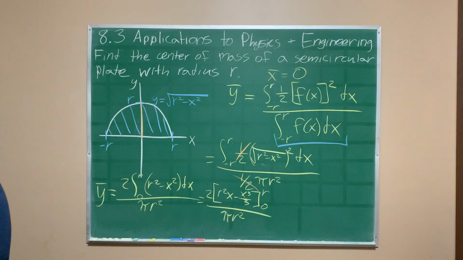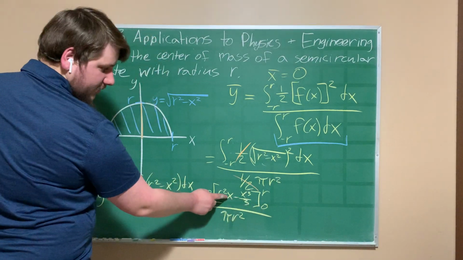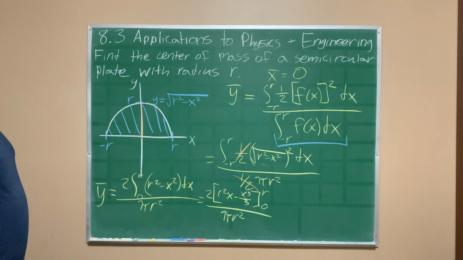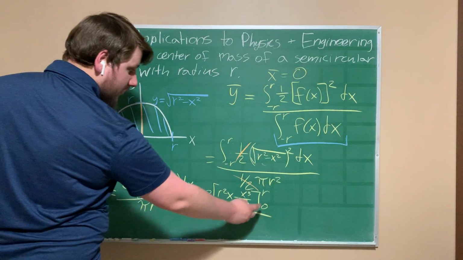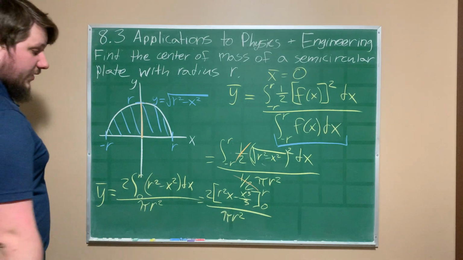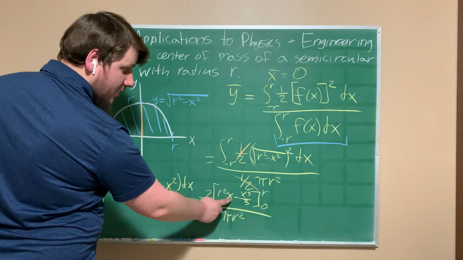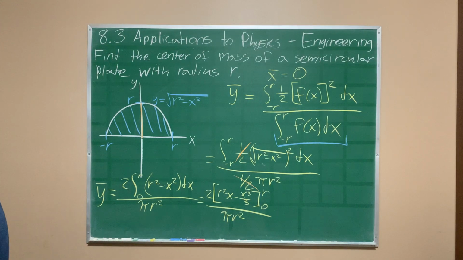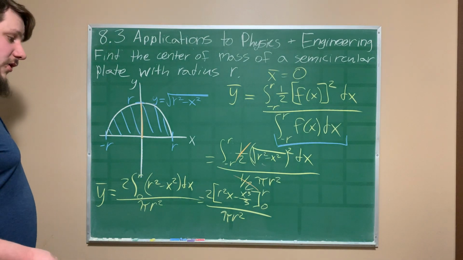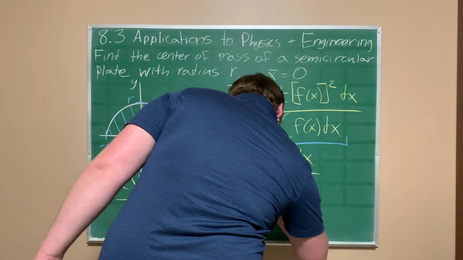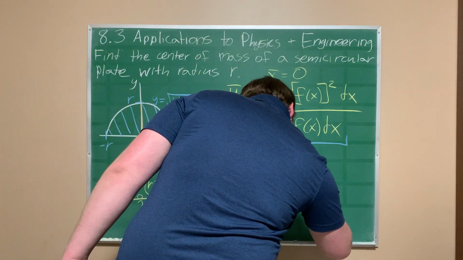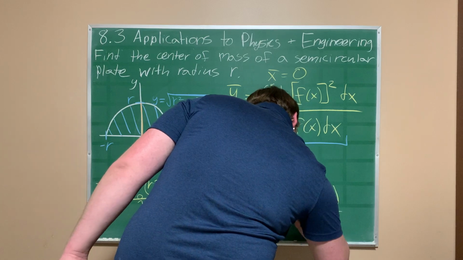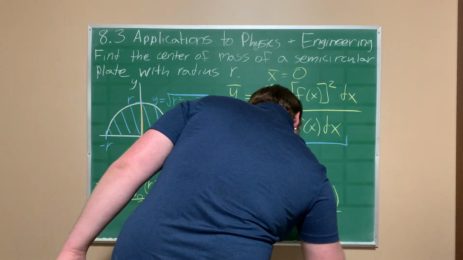Okay, if we actually plug in 0 here, x will be 0 in both of these cases, and the whole thing will be equal to 0. So the only one we actually have to check is when x is equal to r. So we're going to have r squared times r minus r cubed over 3. That's going to be 2/3 r cubed in the numerator there. So we are going to now have 2 times 2/3 r cubed, all divided by pi r squared.